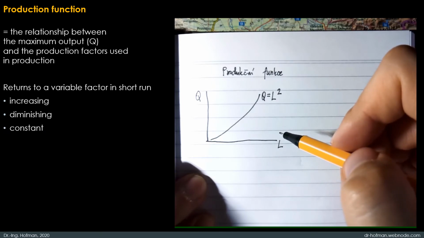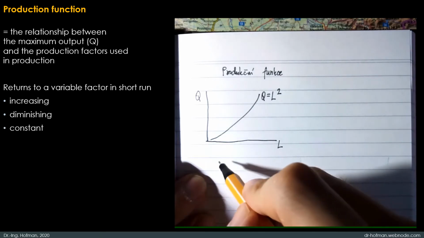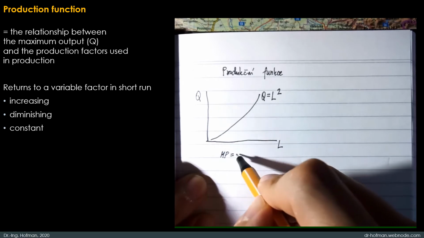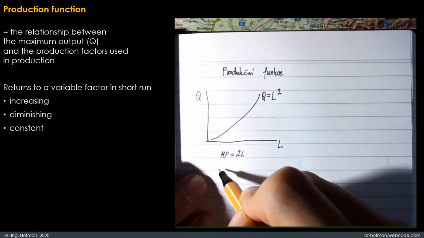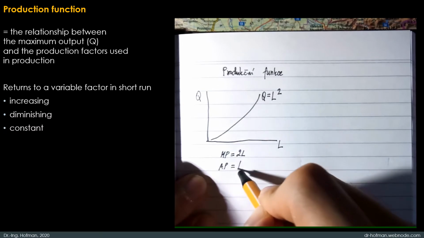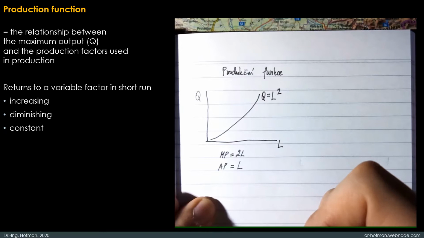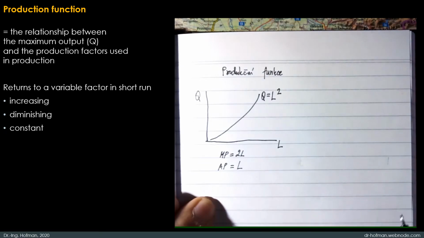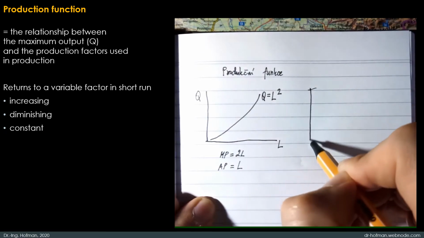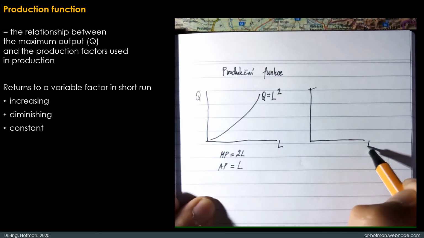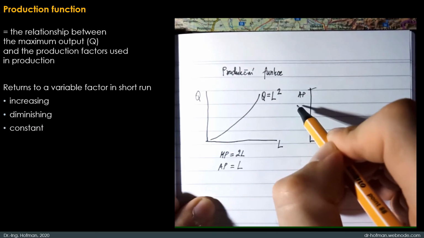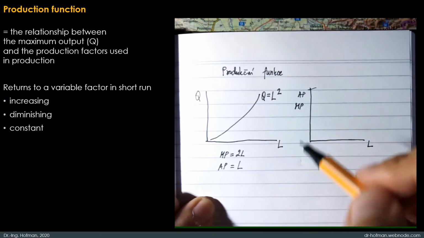for this graph given by L squared. Marginal product is 2L, as it is the derivative, and average product is L, as it is L squared divided by L. Let's draw them on the graph, where the y-axis is marginal and average products, and the x-axis is labor.